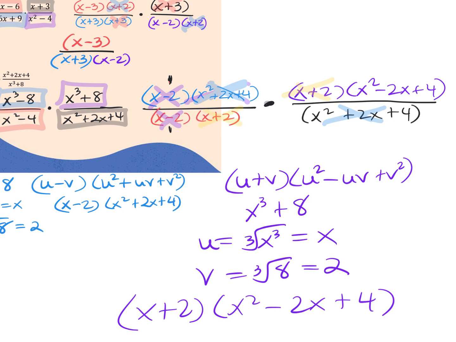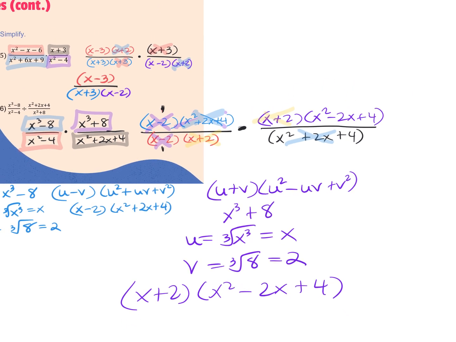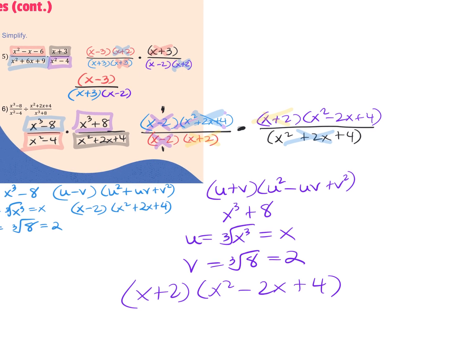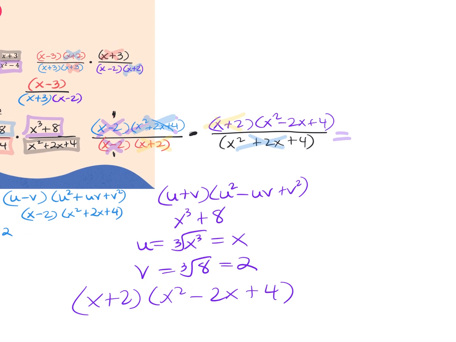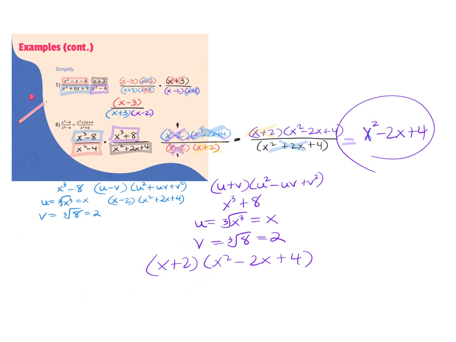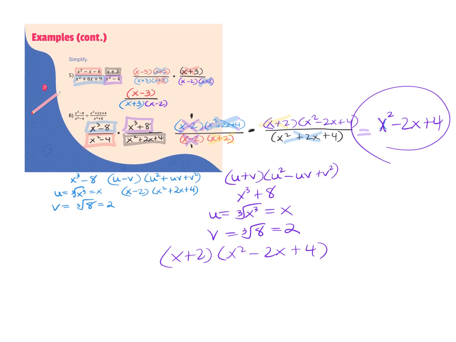So now the only thing that remains is that purple numerator, and the answer is x squared minus 2x plus 4 is your final answer. Again, remember, the trinomials from the factored cube cannot be factored any further. Next one.